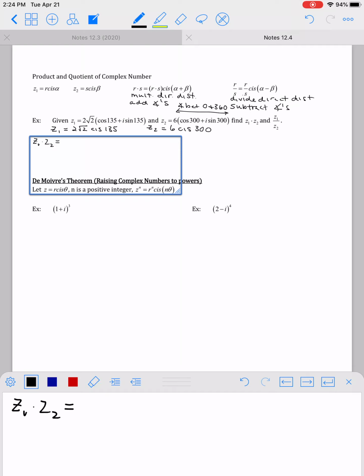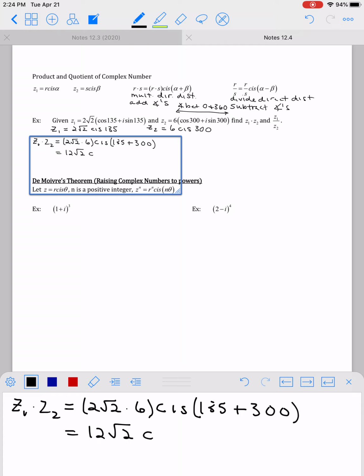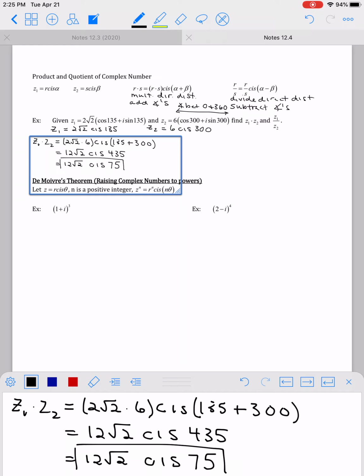So we are going to multiply the two distances: 2 square root of 2 times 6, and then cis, and we're going to add 135 plus 300. So this gives us 12 square root of 2 cis 435. We realize that's above 360, so when I subtract 360, I get 75. So 12 square root of 2 cis 75 is the polar form of our answer.